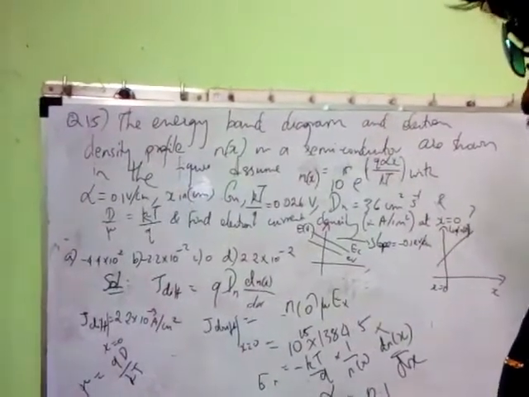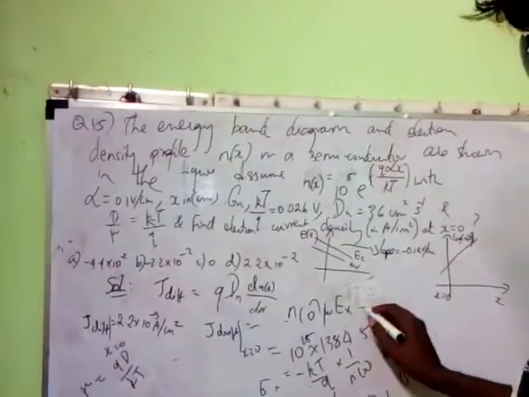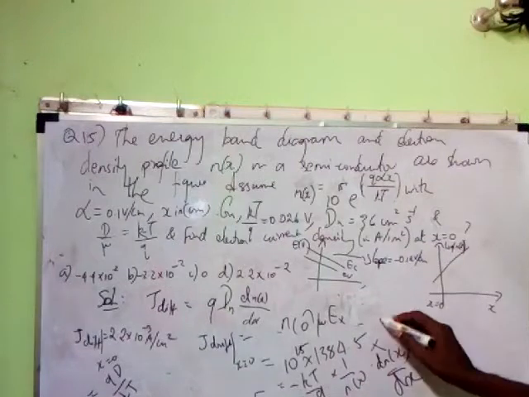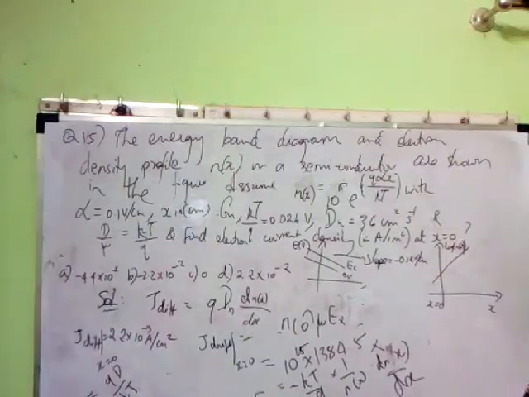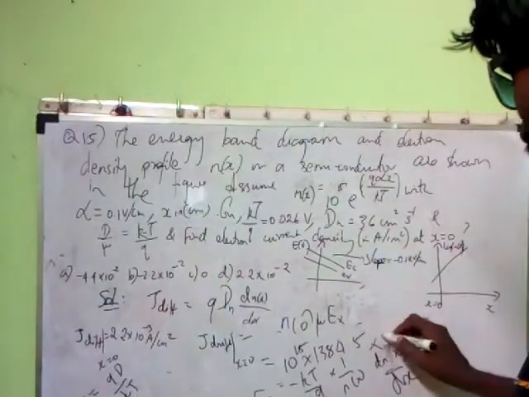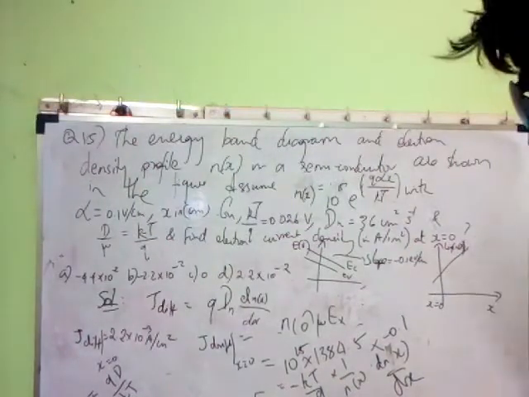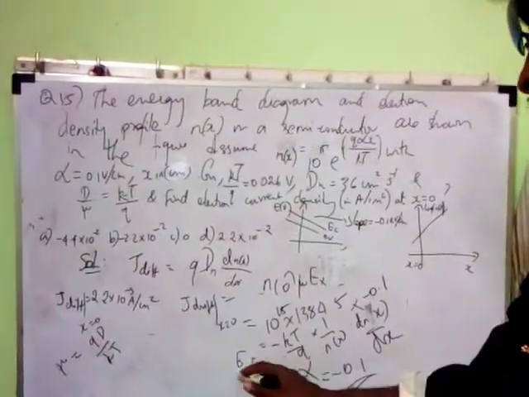Then you make this value here, which will be equal to 10 power 15 into 1384.5 into minus 0.1. I hope you know the formula: minus KT by Q into 1 by N of X into Dn of X divided by Dx. This is the formula for E.